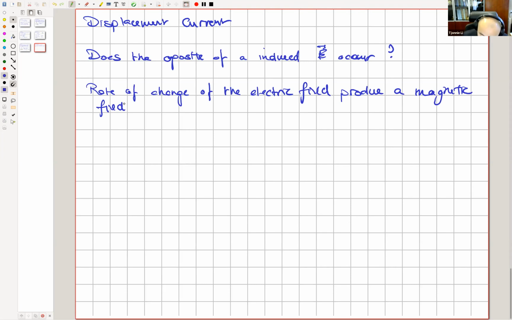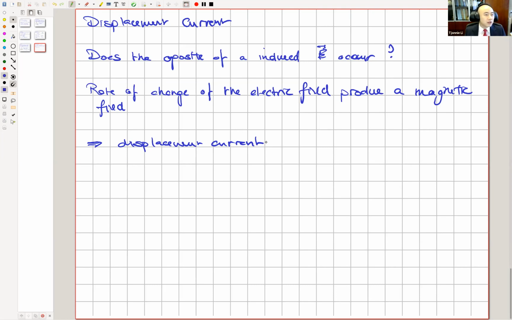And this is where he came out with the so-called displacement current. Now again, why do we need to write it in terms of a current? That's because in the old days, we really understood the theory more in terms of charges and currents.